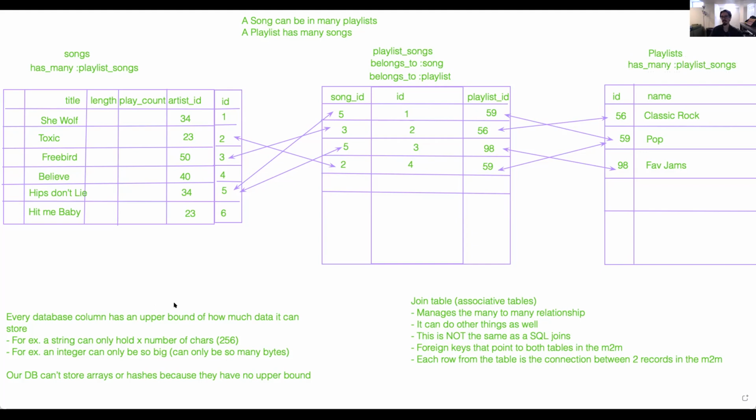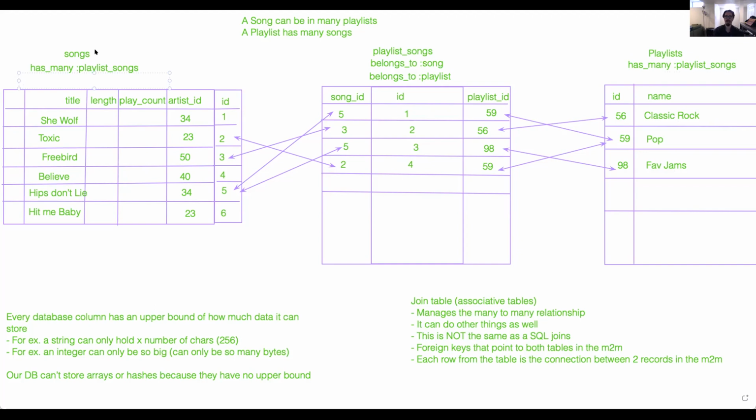So that's everything that we've seen before. We have has many and belongs to. This is what I was saying when I said ground our understanding in one-to-many relationships. We're still using the one-to-many relationships, and now we would add in another keyword to tell it what the relationship is between songs and playlists.